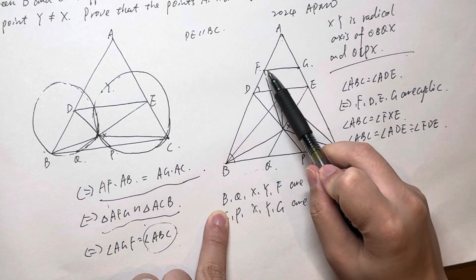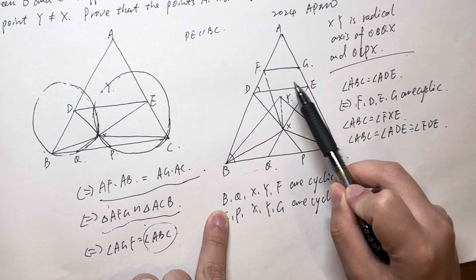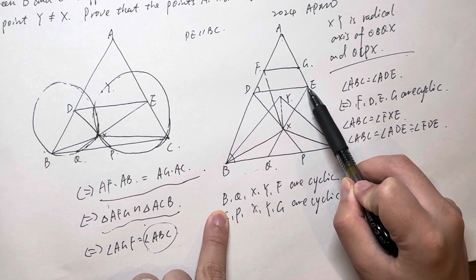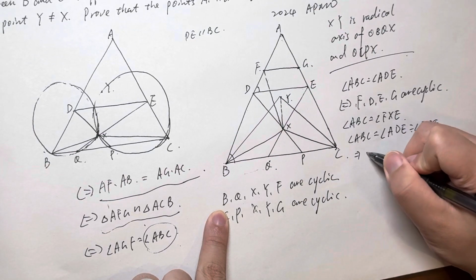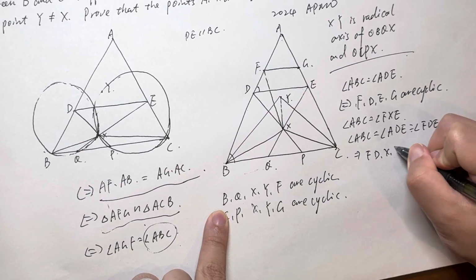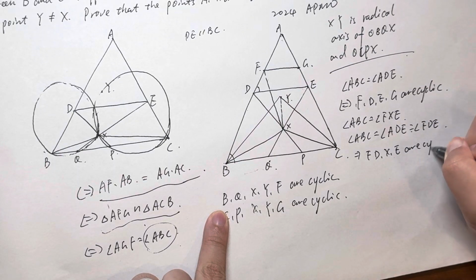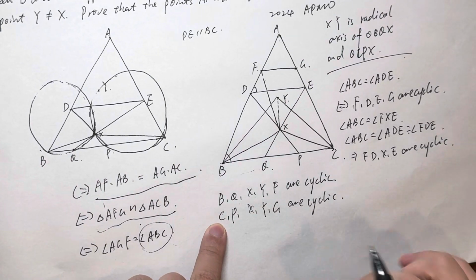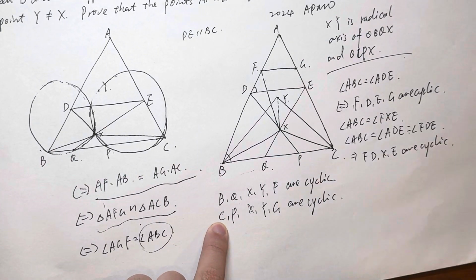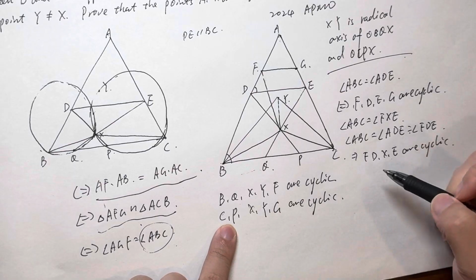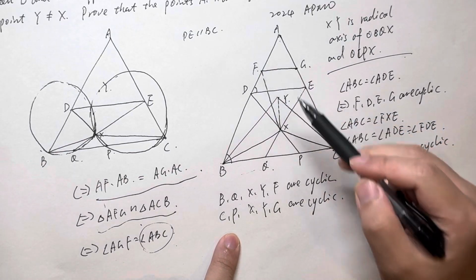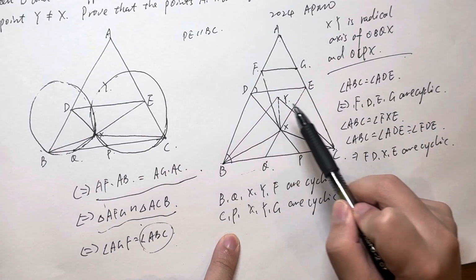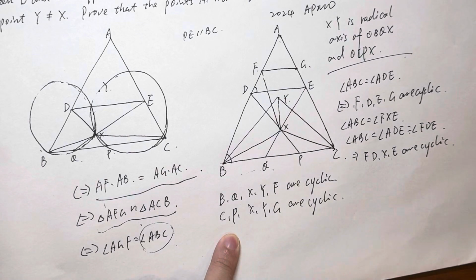That means angle FXE equals angle FDE. So we got FDXE are cyclic. That is saying F is on the circumcircle of the triangle XDE.